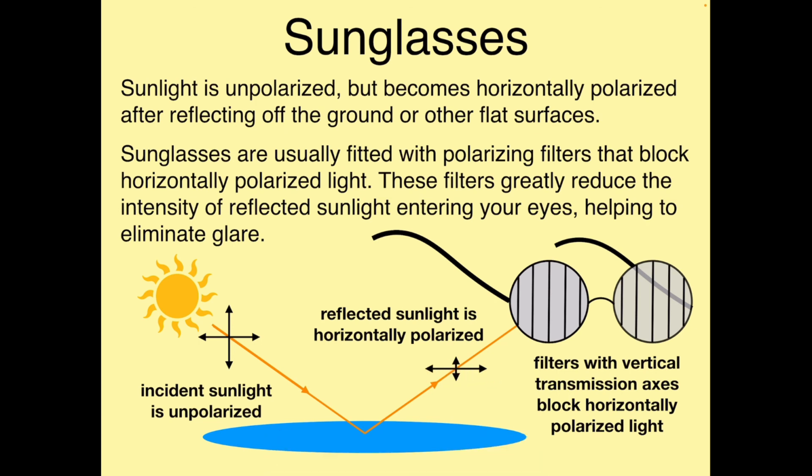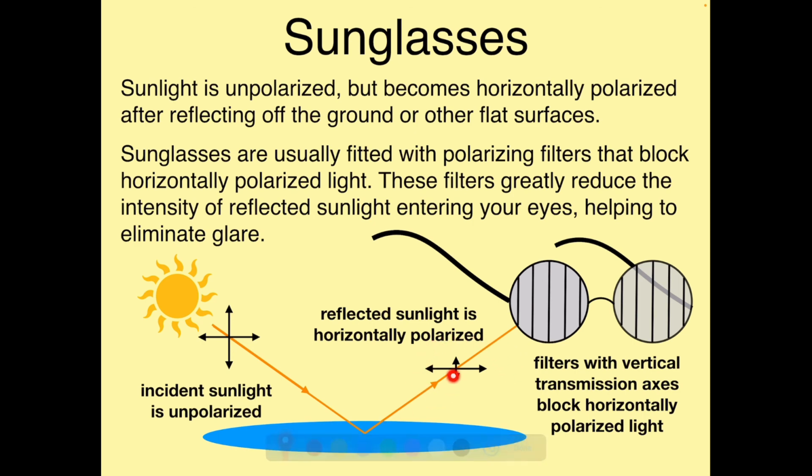So we have unpolarized sunlight coming in, reflecting off a flat surface, and then after that, it becomes horizontally polarized. So we indicate that by showing the vertically polarized part is getting a lot smaller, it's being killed off, but we keep the horizontally polarized part. Okay, now sunglasses are fitted with polarizing filters that block this horizontally polarized light.